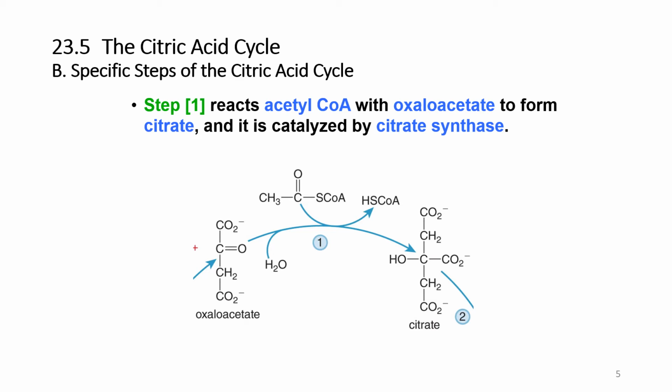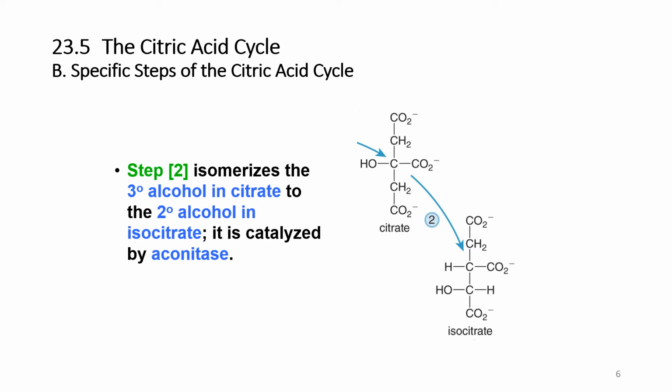So here's that first reaction, oxaloacetate. We have to hydrolyze that thioester bond. So we have water here, and we release coenzyme A and form citrate. Citrate synthase, so synthesis of citrate, that's the enzyme involved here. In step 2, we're just isomerizing or rearranging the location of that hydroxyl group.